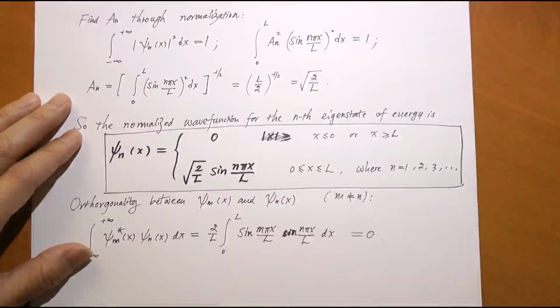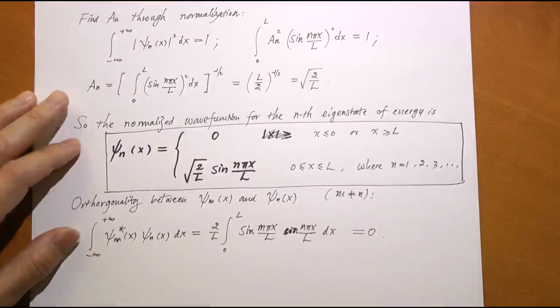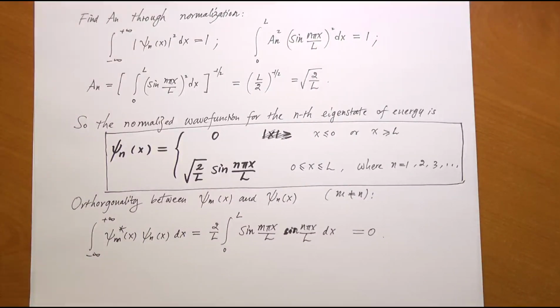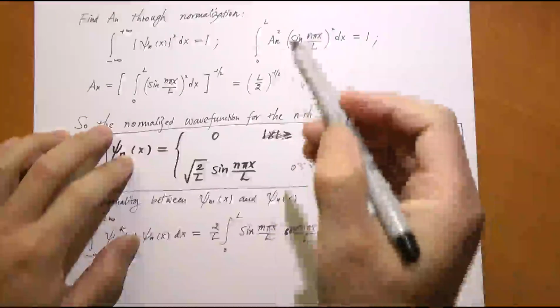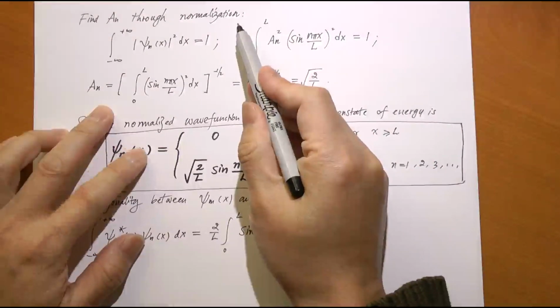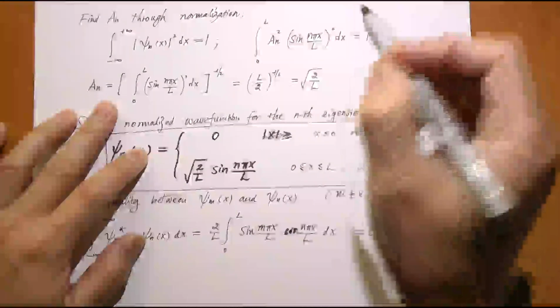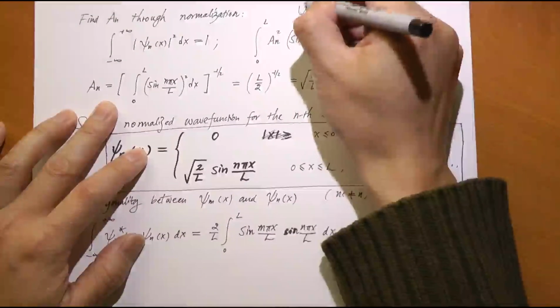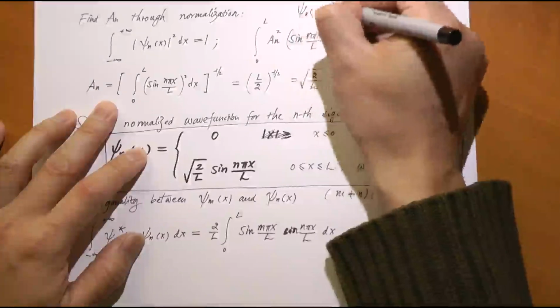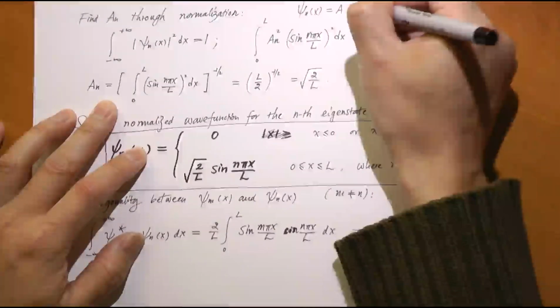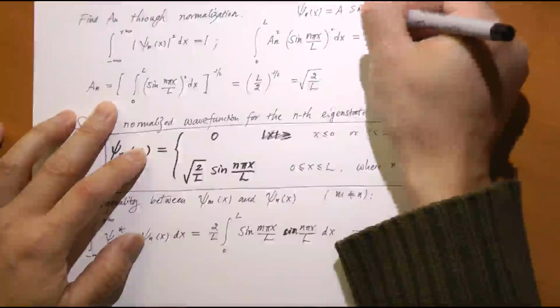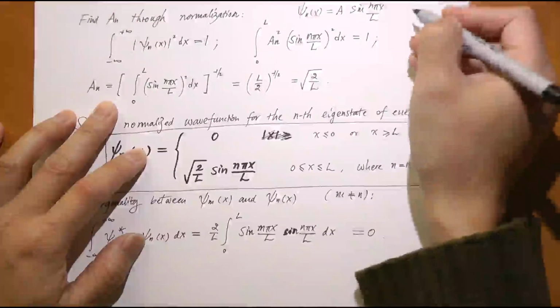Now, when we solved Schrödinger's equation, we were focusing our attention on the value of K, which led to energy quantization, but we left out something, and that is there's an overall constant in front of the expression for the solution. The solution, again, I'll write it down here, psi n equals A sine n pi x over L inside the box, remember?